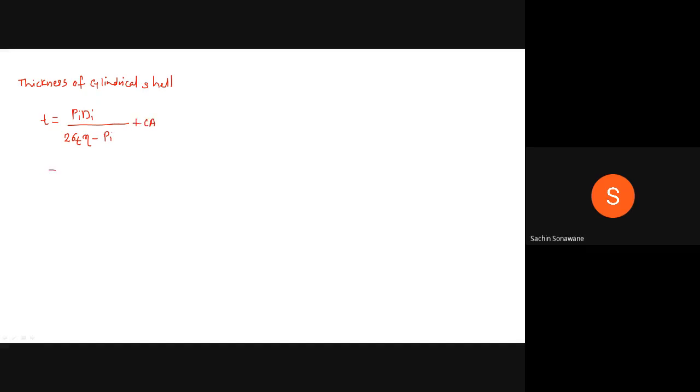Substitute the values: 1.575 into 1650 divided by 2 into 170 into 0.8 minus 1.575, plus 2. Therefore, calculate thickness of cylindrical shell.